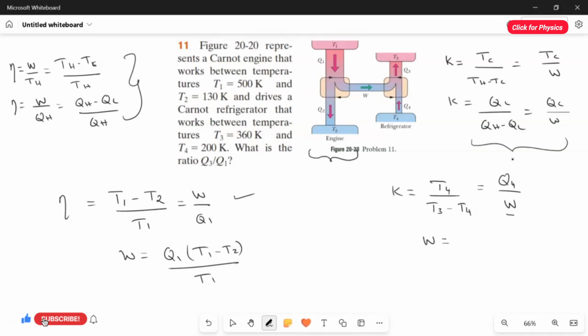In terms of energy, I can write W as Q3 minus Q4. Clear? Now I'm going to rearrange this equation in terms of Q4. Therefore Q4 is equal to Q3 minus W. Now I'm going to take this Q4 and substitute it here.